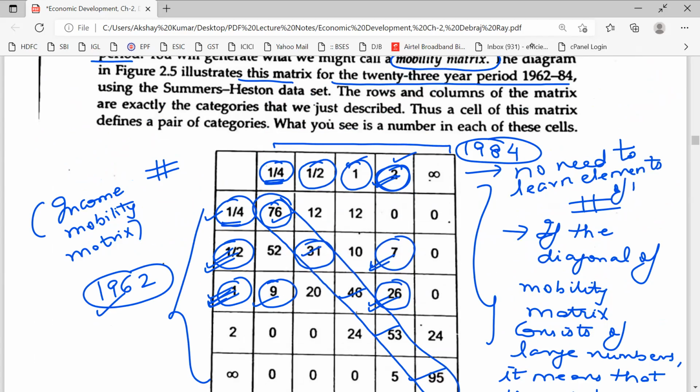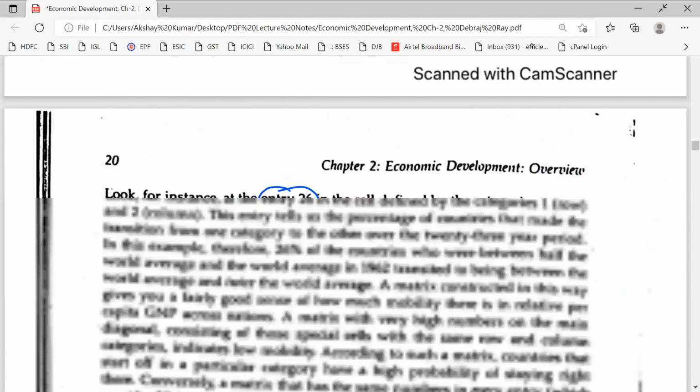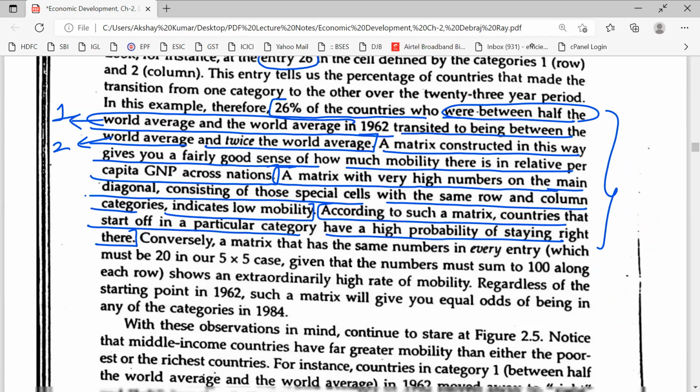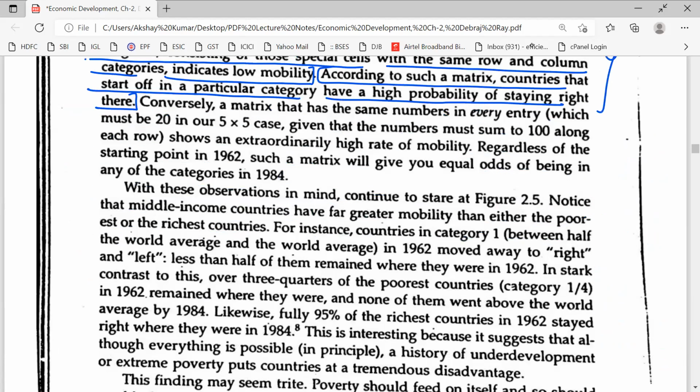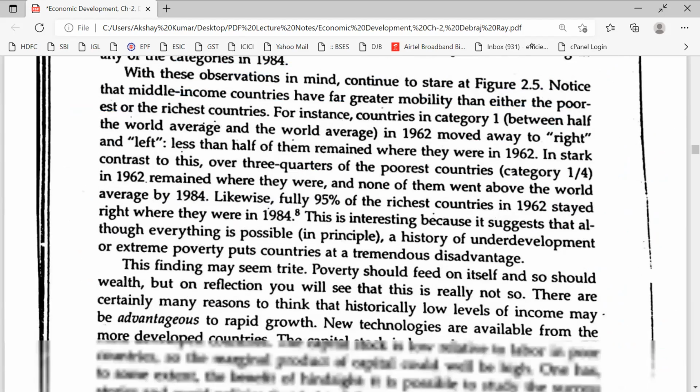You should know what the mobility matrix denotes, and you should know how to interpret the elements of the mobility matrix and the result. But you don't need to learn the numbers like 76, 1, 12, 12, 0. But you should definitely know what is meant by a mobility matrix, what the entry in a mobility matrix denotes, and what the diagonal denotes.